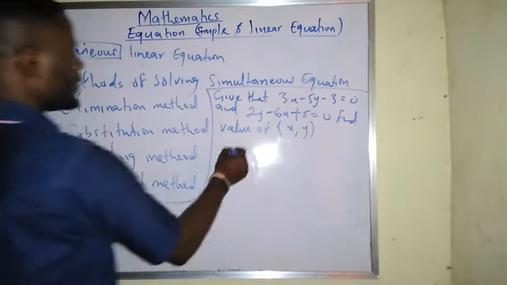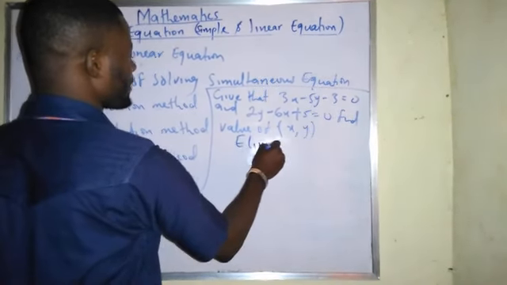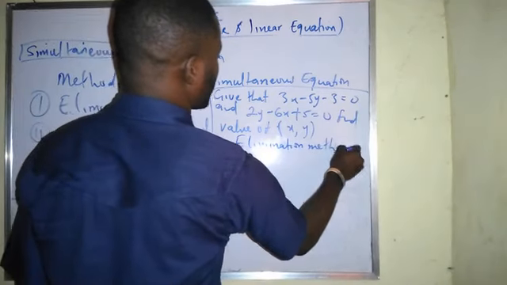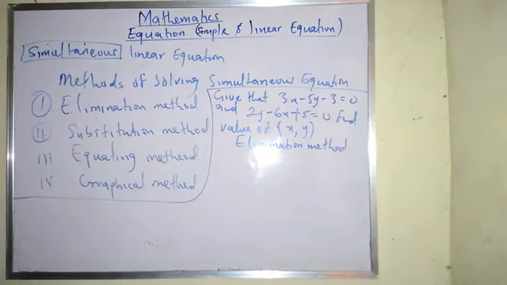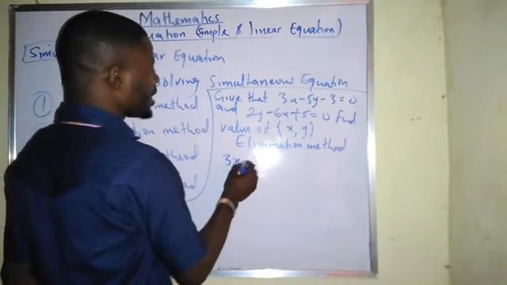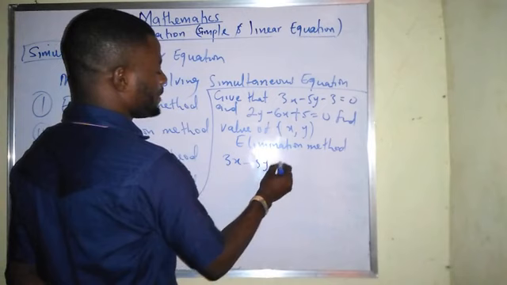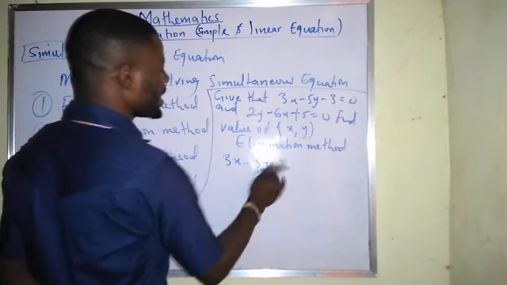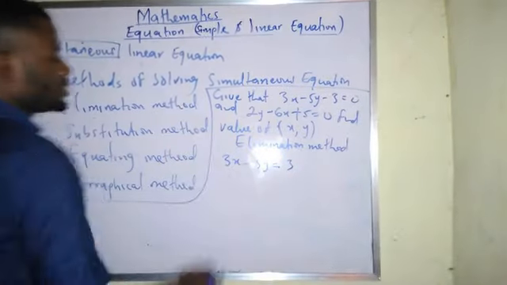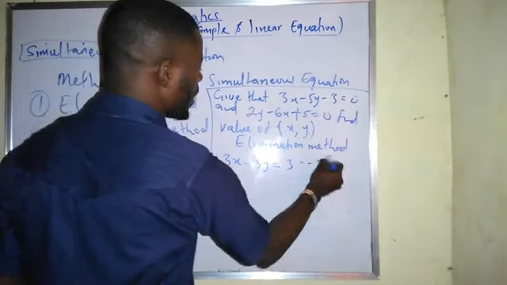Now, I'm using the elimination method. If I have 3x minus 5y minus 3 equals 0, it will be equal to 3. This will be equation 1.